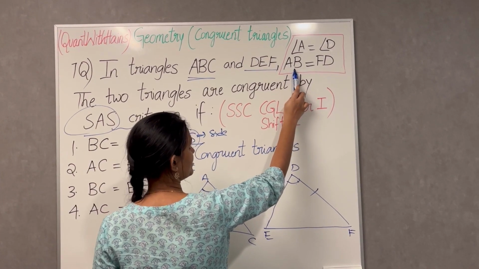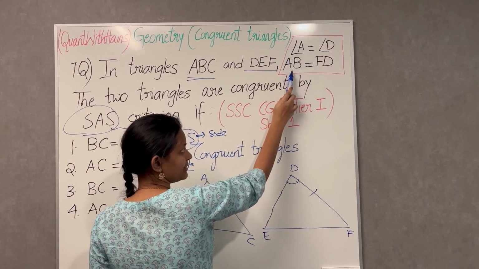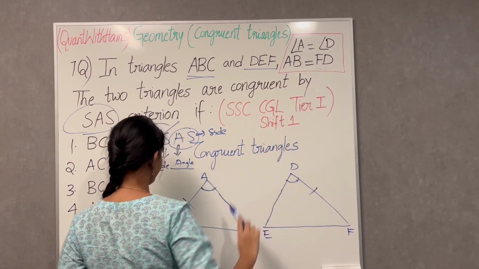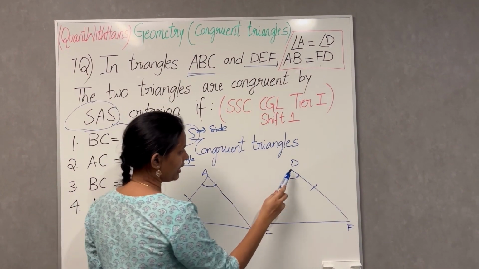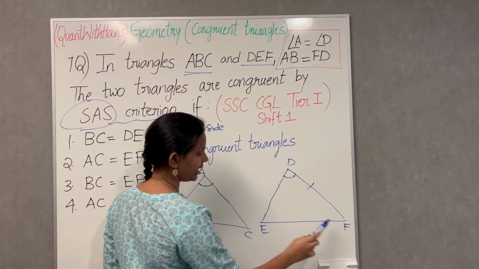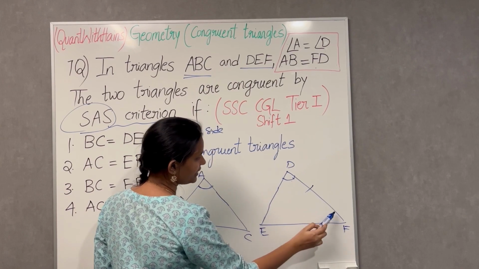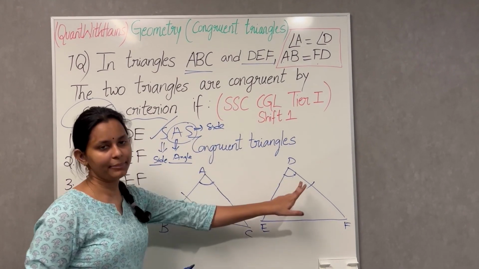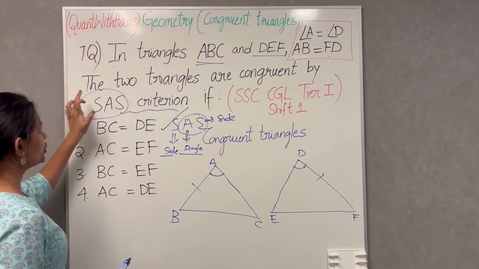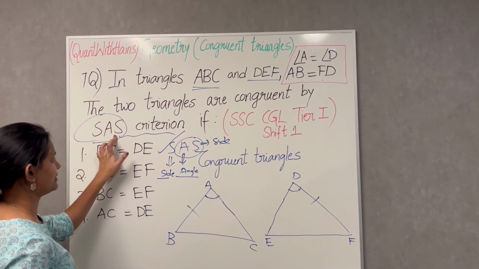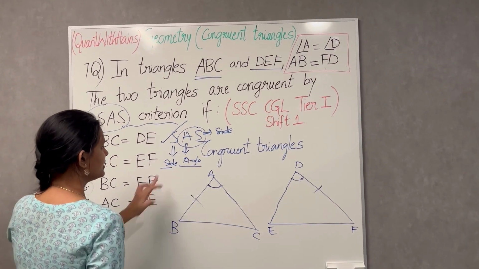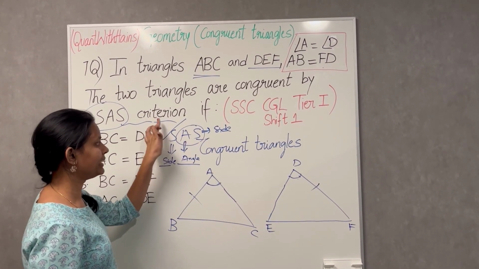Again, sides. This is an angle, this is a side. AB equals FD. This side AB and in triangle DEF the side DF is equal to AB. They are of the same length. The two triangles are congruent by SAS. SAS means side angle side criteria.